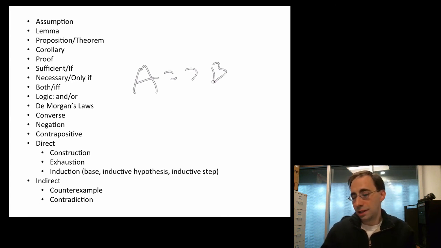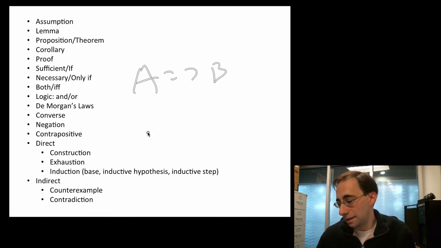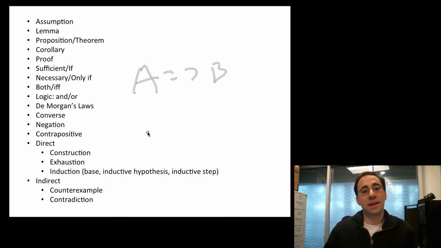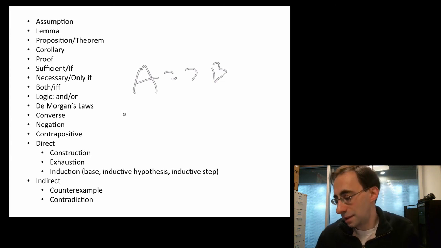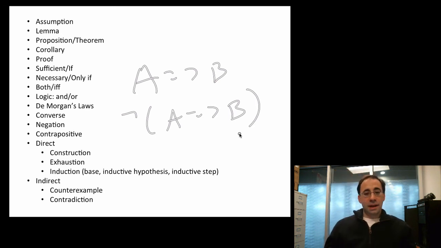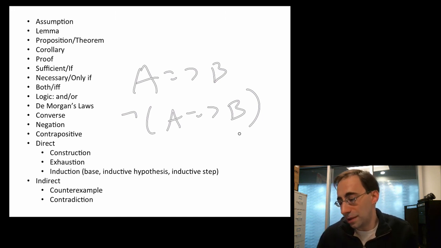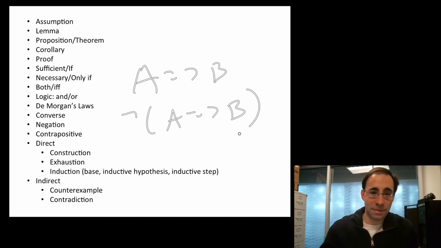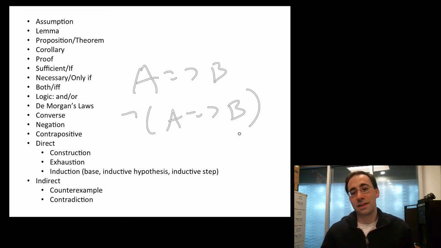Contradiction is you can prove that the negation of the statement is also not true, right? So if you prove that not A implies B is false, then it must be true that A implies B. A double not means a yes, right? So in this case, two wrongs do make a right, in the sense that two falses together make it true.